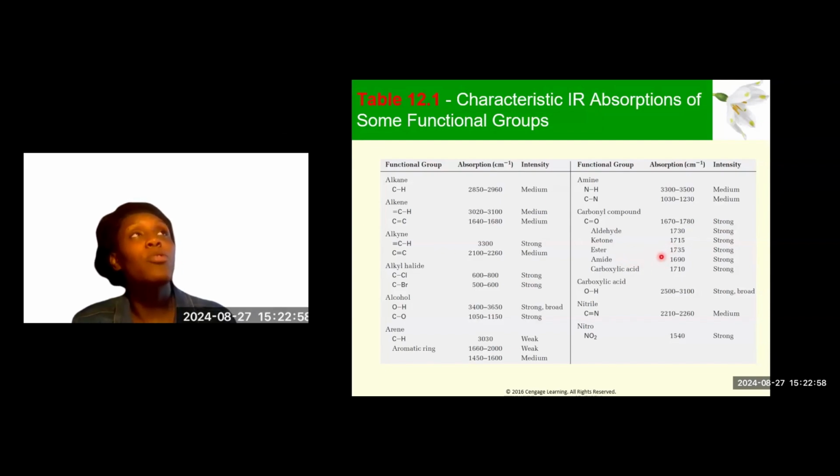Your amides show up closer to 1700, or a little bit under 1700, and then carboxylic acids are just above 1700. But carboxylic acids are not just carbonyl groups, you have your OH group. And so the OH group of a carboxylic acid also shows up here, which is different than the OH group of an alcohol. And then of course alcohols have the OH group, but they also have the carbon-oxygen group that you're looking for.